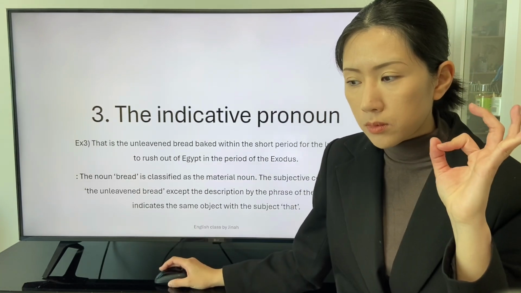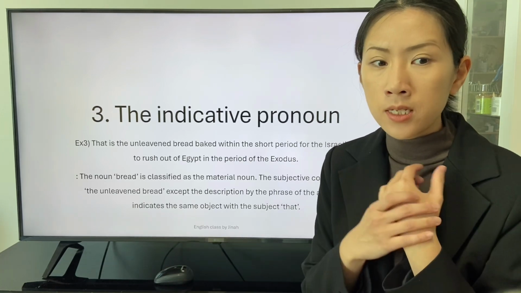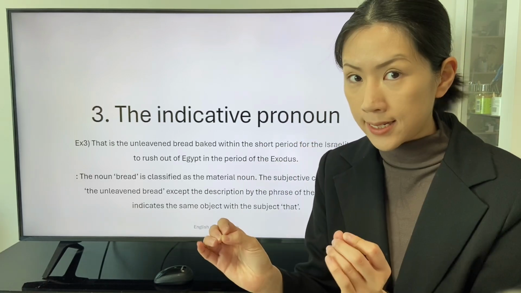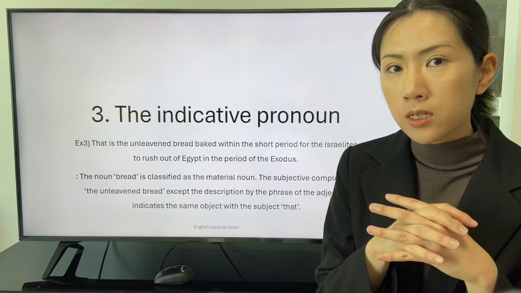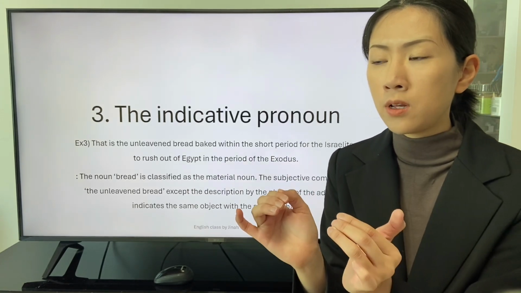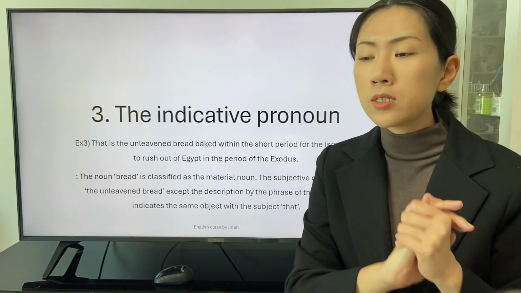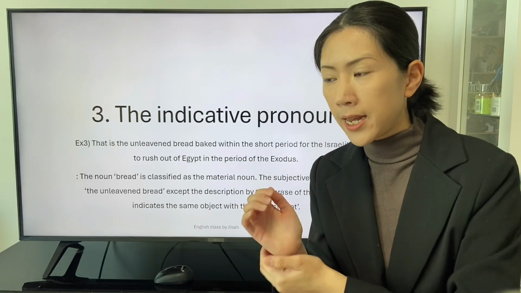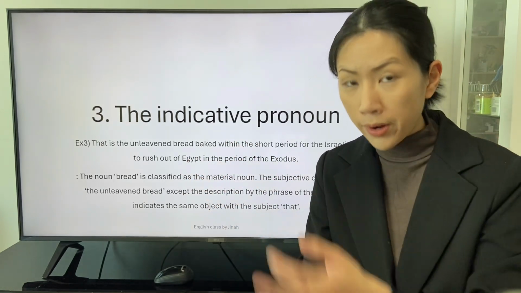Plus, the noun bread. In the phrase the unleavened bread, the noun is classified as one of the material nouns because the unit of the object indicated by the material noun bread is not agreed.